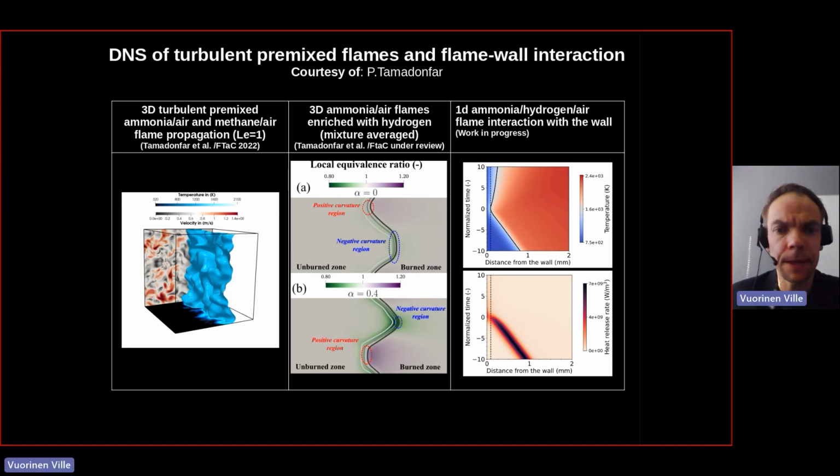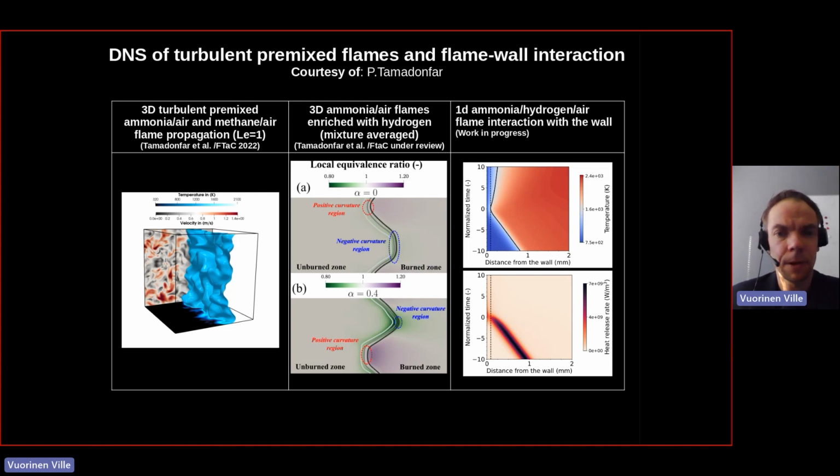And then in the middle, we investigated with DLBFoam as well, 3D ammonia air flames enriched with hydrogen. And now we used mixture averaged transport properties. And this work is currently under review.